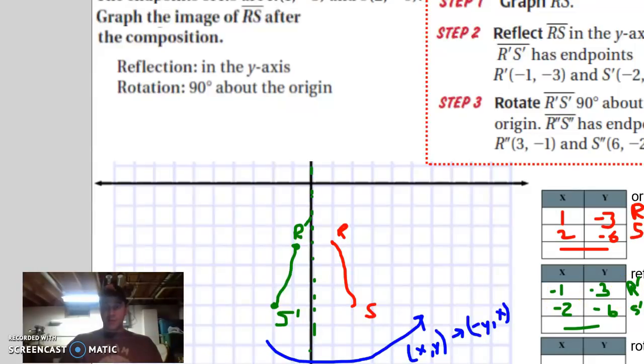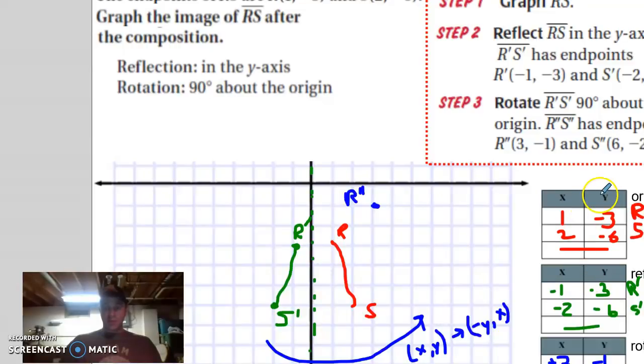What had been (-1, 3), I'm going to flip them around, and I'm going to have (3, -1), remembering that the sign flips. So what had been negative is now positive. (3, -1). That is going to be my R double prime, because it's going through the second transformation.